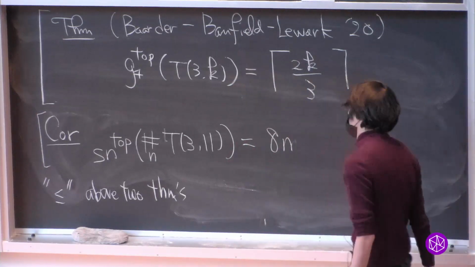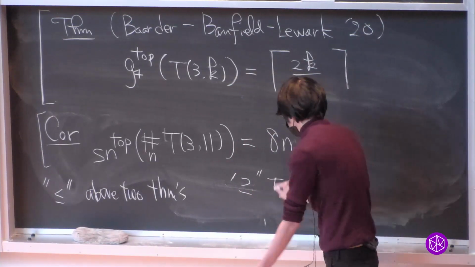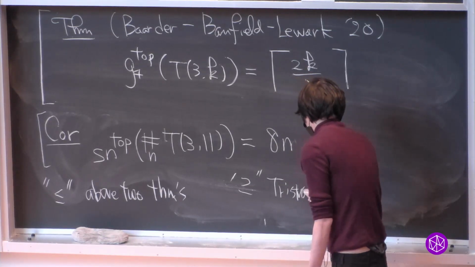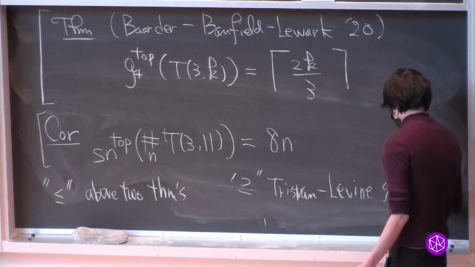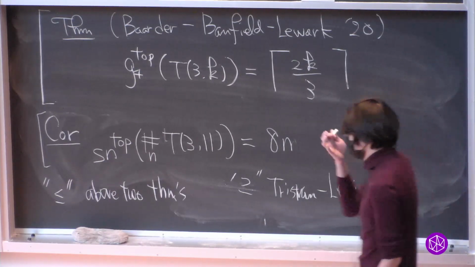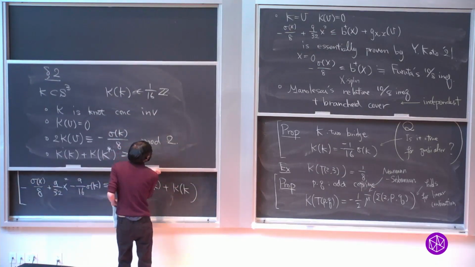And the lower bound is given by just the Tristram-Levine signature. So for these knots, actually the Tristram-Levine signature is enough to determine the topological stabilizing number. So that was the situation.